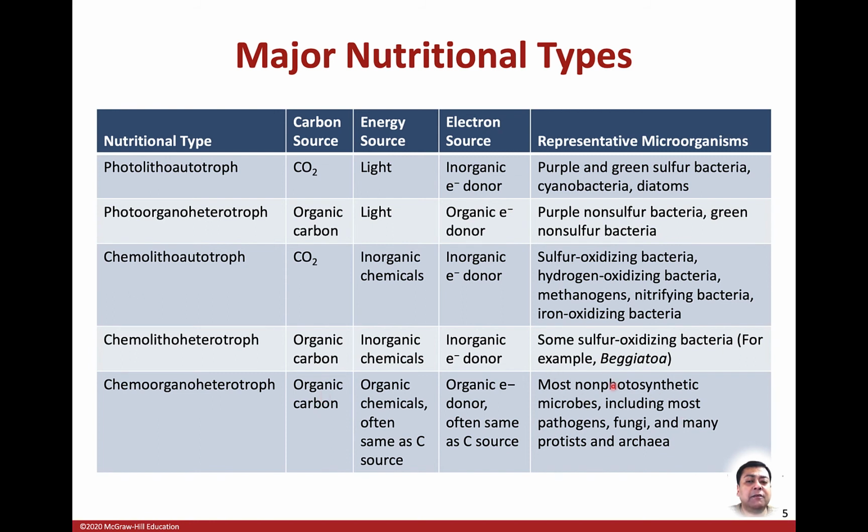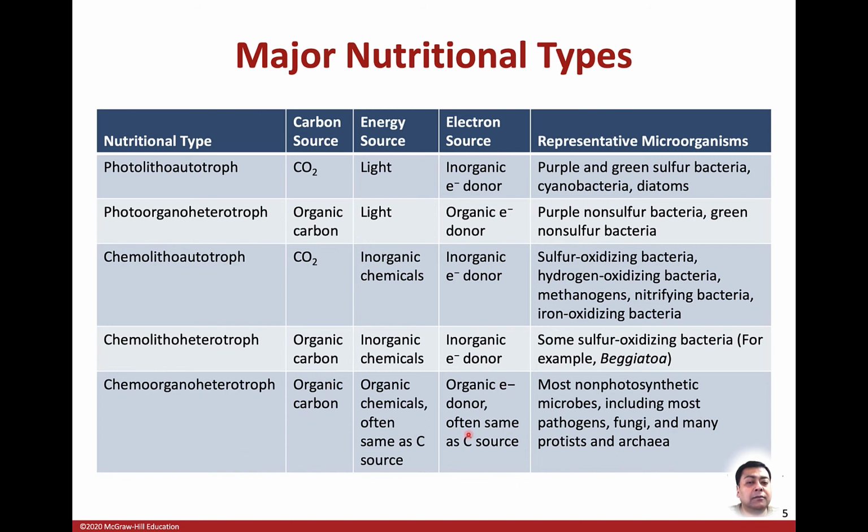This is exactly what we do as well. If we take a very simple, straightforward example, table sugar sucrose is made up of two different monosaccharides. One is glucose and another is fructose. There could be some bacteria which can take up the sucrose and break it down into glucose and fructose.